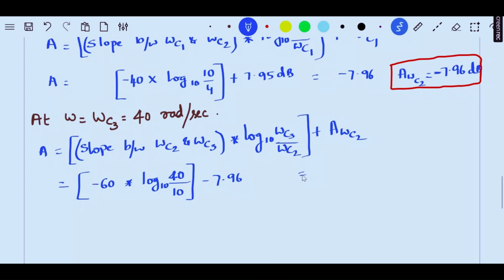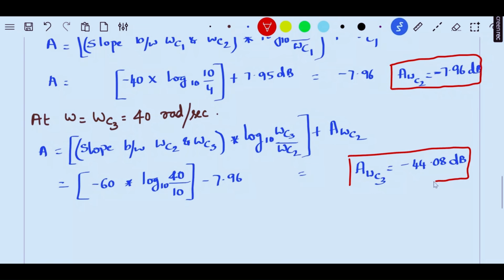So this is added with minus 7.96, and I will be able to get minus 44.08. So therefore, the gain A at omega C3 is actually equal to minus 44.08 dB. Okay, so this is the gain at omega C3.